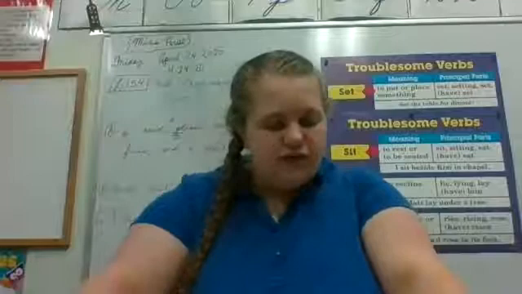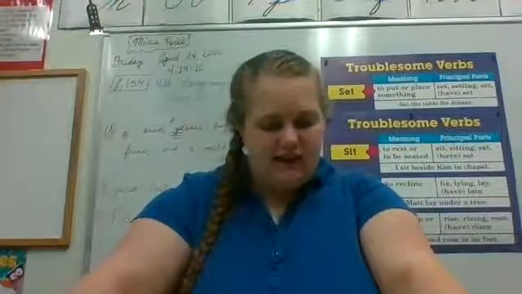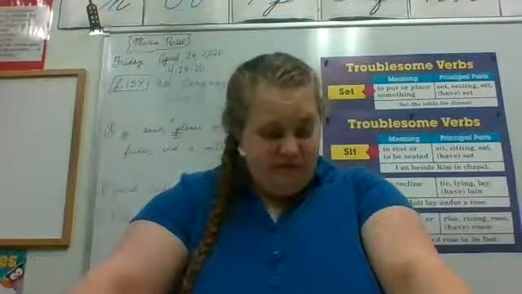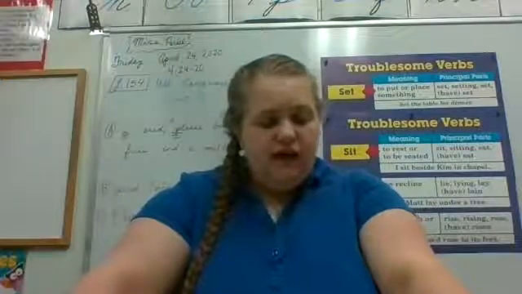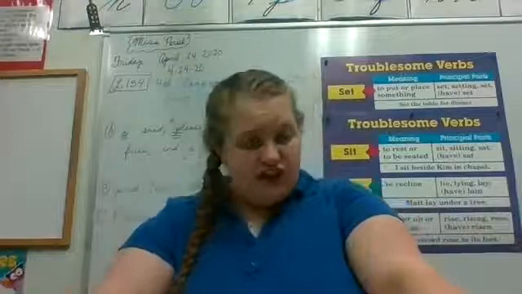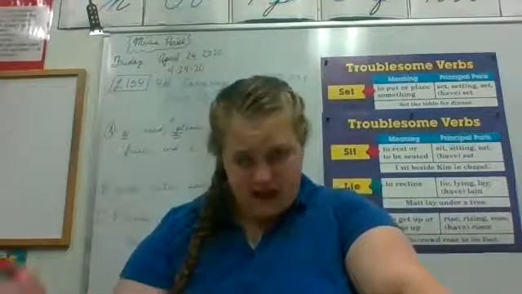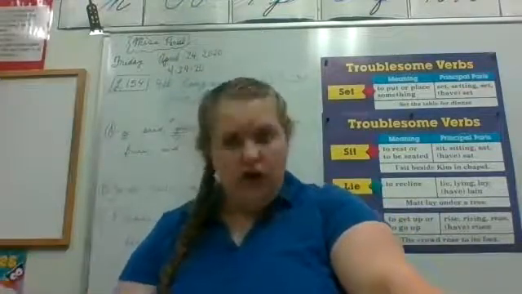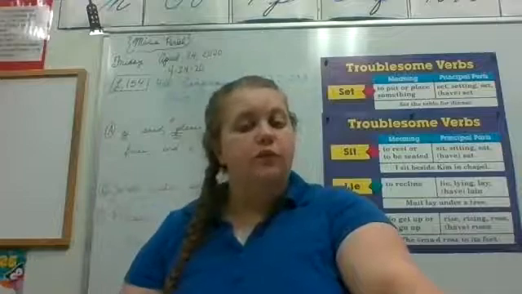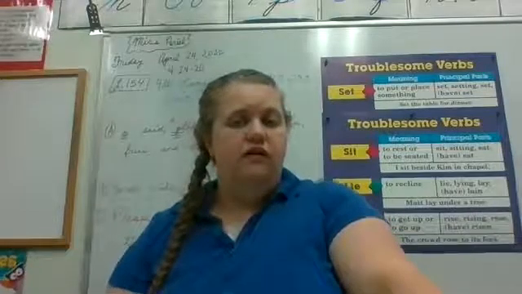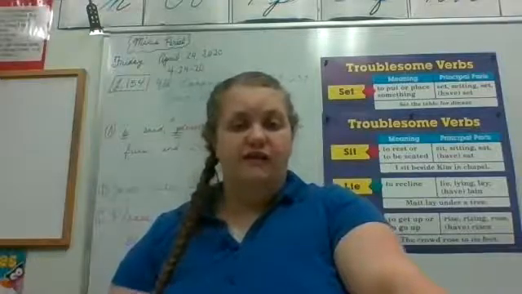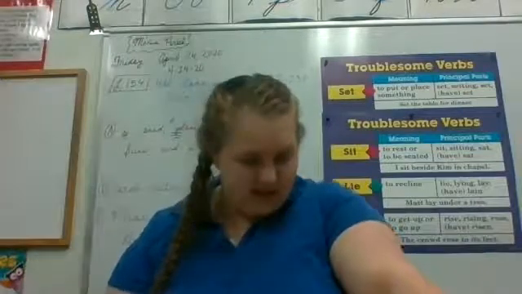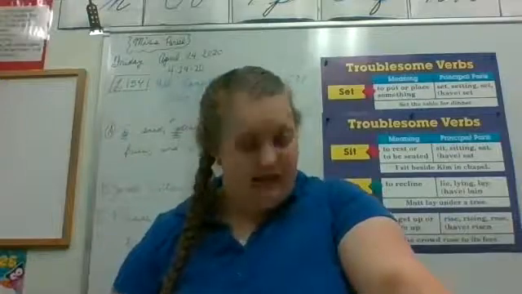Sally set or sat her kitten in its basket. Okay, so is Sally doing the action where she's actually sitting, or is she putting or placing something? It's put or place, right? What is she putting or placing? She's putting the kitten, right?